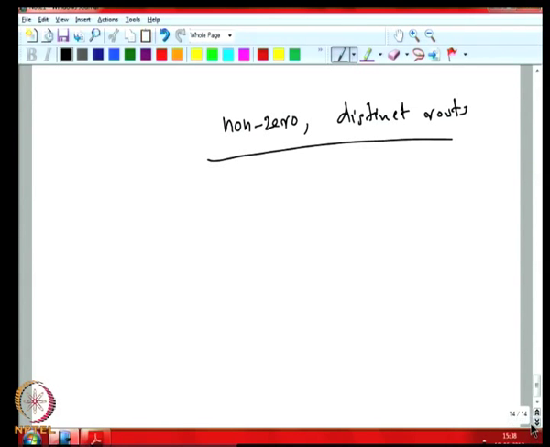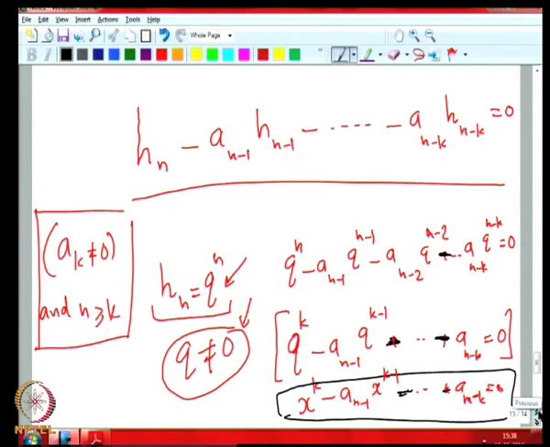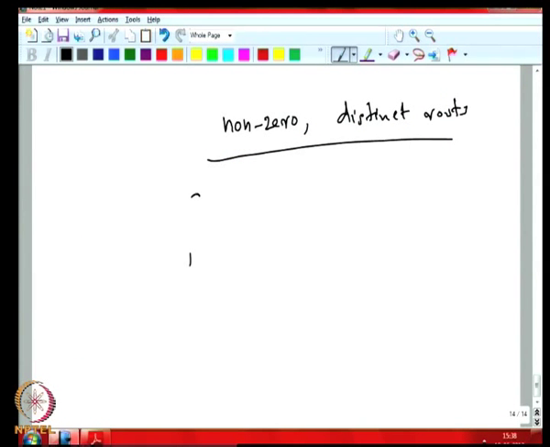Then we can also see that, by the same procedure we did in the case of order 2, we can select constants C1, C2, up to Ck.